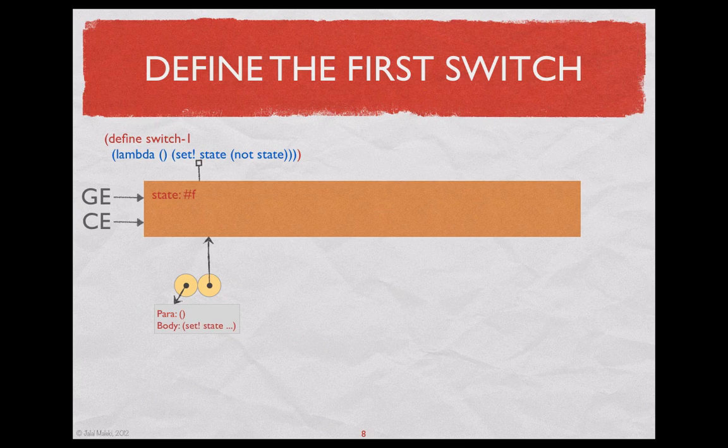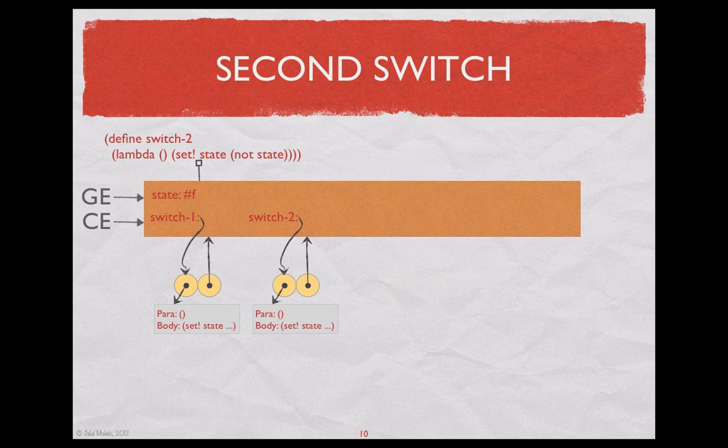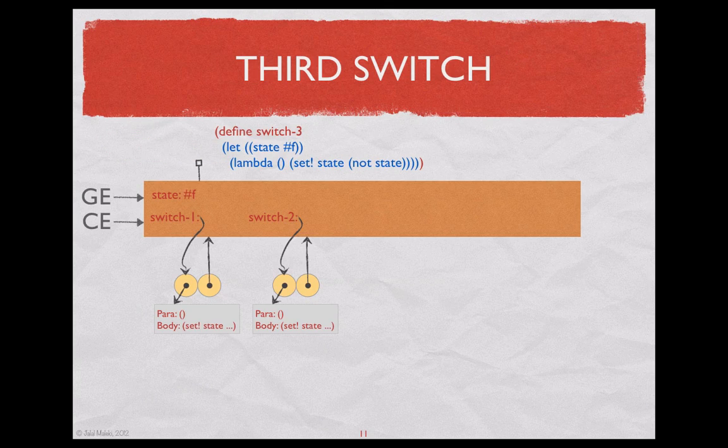Define, first of all, computes the value of the argument which is going to be bound to switch 1, and that is a procedure. It's a lambda expression which gives us a procedure, as we have discussed before, and then we bind it to switch 1. So this is how switch 1 is created. Switch 2 is created similarly, and then we have a look at how switch 3 is going to be created.